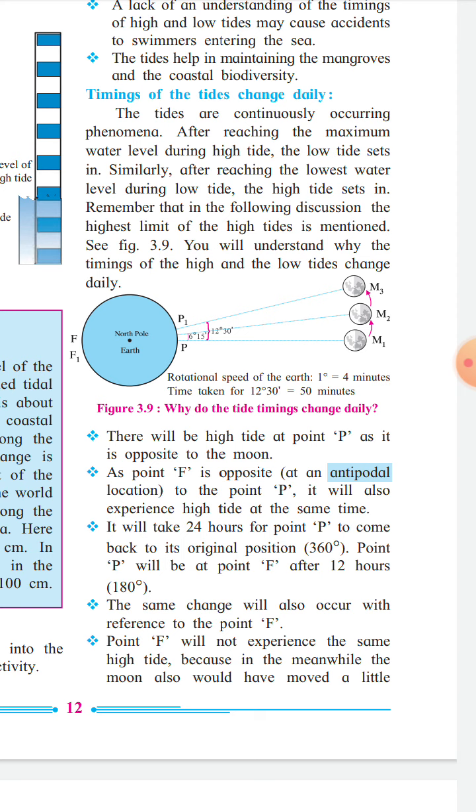It will take 24 hours for point P to come back to its original position, that is 360 degrees. A complete rotation is an angle of 360 degrees, and point P will be at point F's position after 12 hours, that is 180 degrees. The same change will also occur with reference to point F.